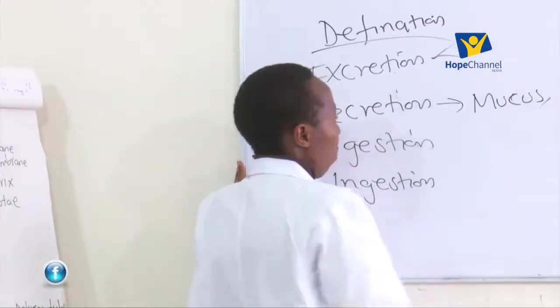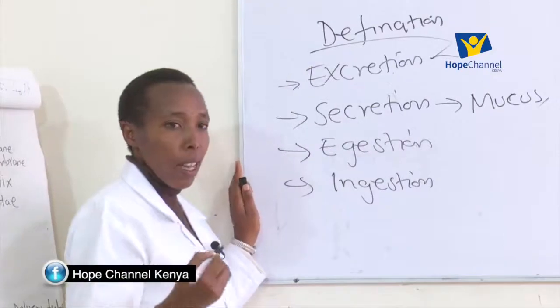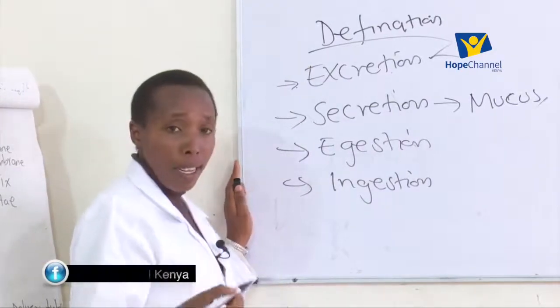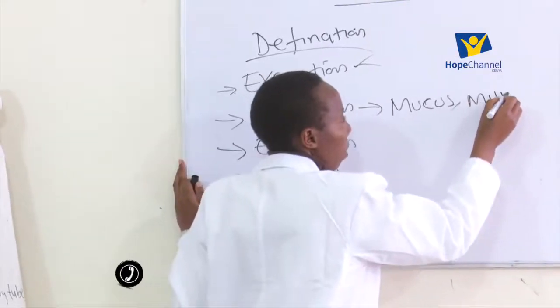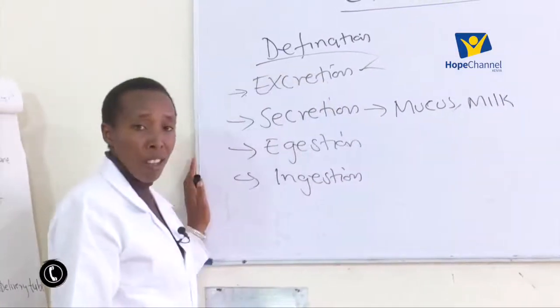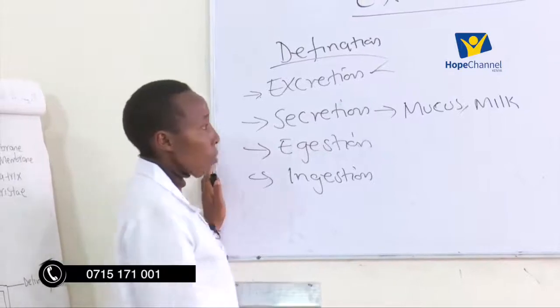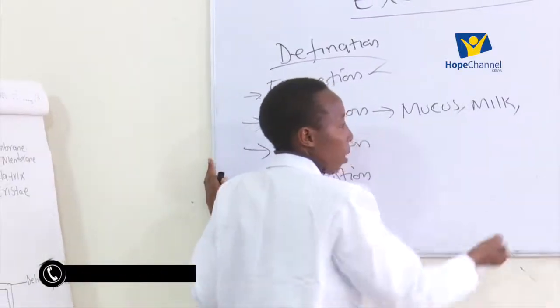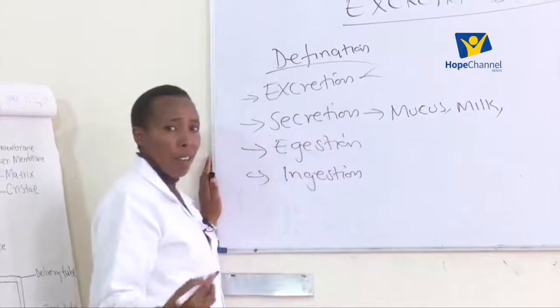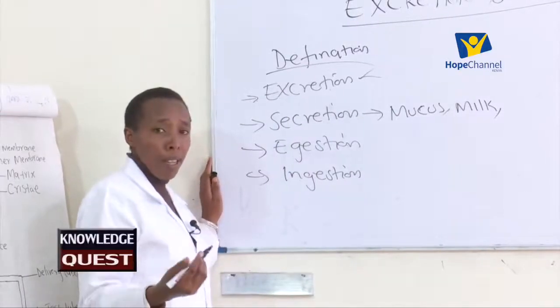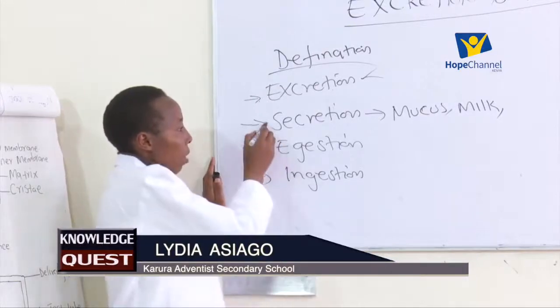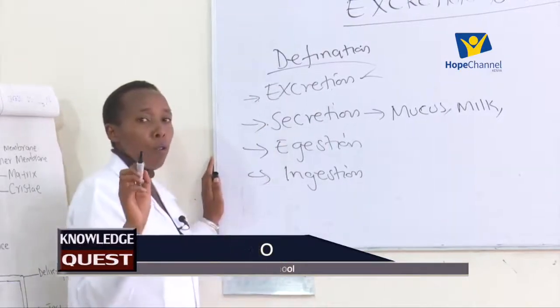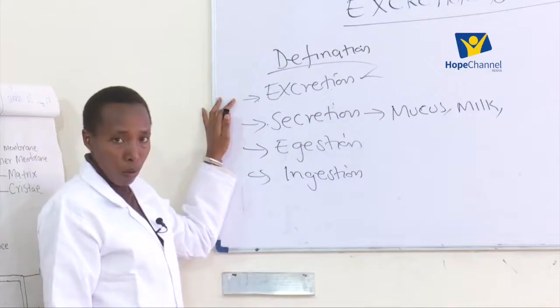Another example of the useful substances that are secreted by the body cells is milk. So milk is an example of a secretion. Another example is saliva. Saliva is secreted. So those are useful substances that are being released by the body cells. When we talk about secretion, we should not confuse it with excretion.